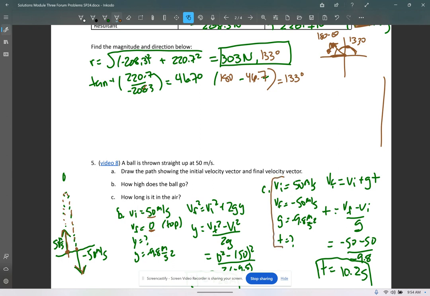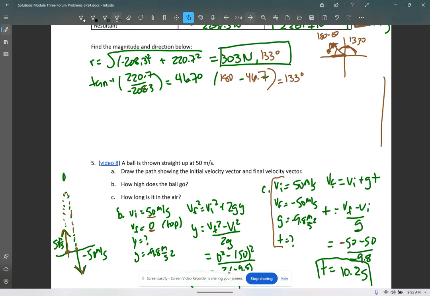That's why it's so important for you to list what you're doing to pick out your formula. So T is going to be VF minus VI all over G, or 10.2 seconds. So notice that it's important to put that negative in for VF. It's negative 50 minus positive 50, which is negative 100 divided by negative 9.8.